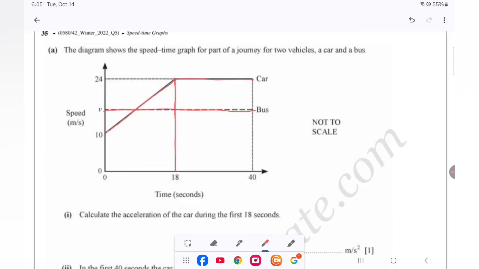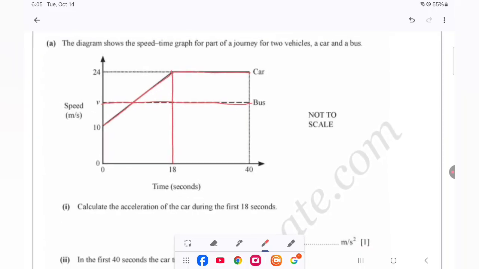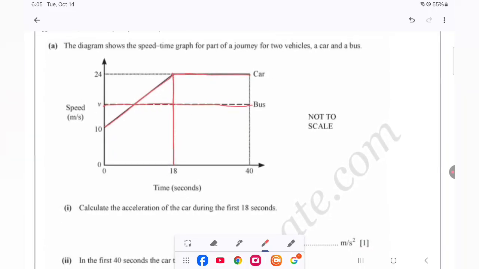Now for that, the bus is moving with a velocity of v. This is the line of a slope of acceleration. So we can simply put the slope formula, which is equal to y2 minus y1 over x2 minus x1.